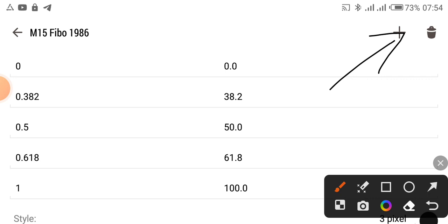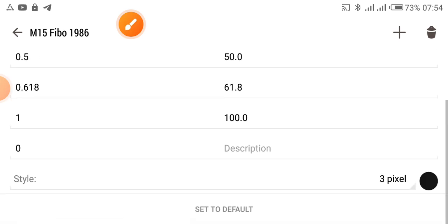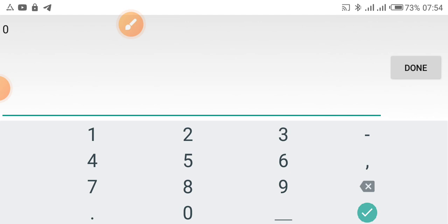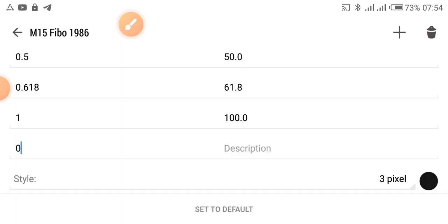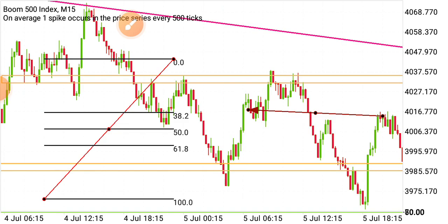You just click on the plus sign, then you'll be able to add a level just like this. I just added another one, then it will give you a 0 mark, and you type in whatever you want. But that's not what we want to do today, guys. I don't want to add any level. I'm just showing you in case you don't know. So I go back. All right, so that is it.